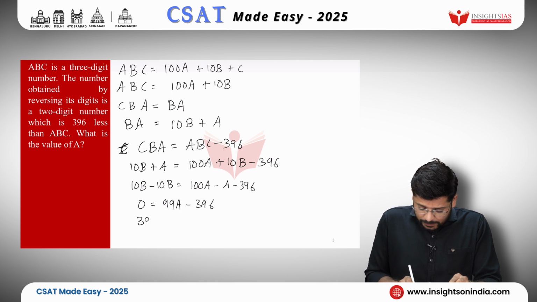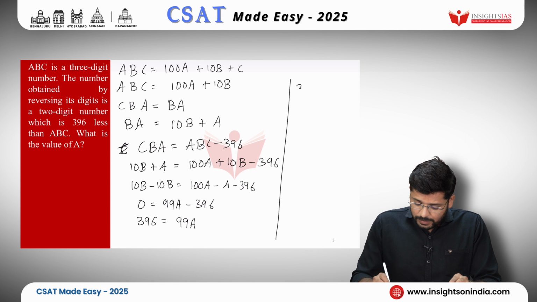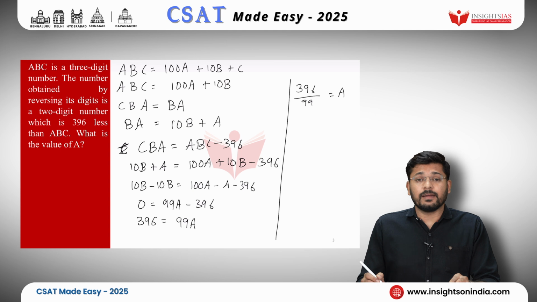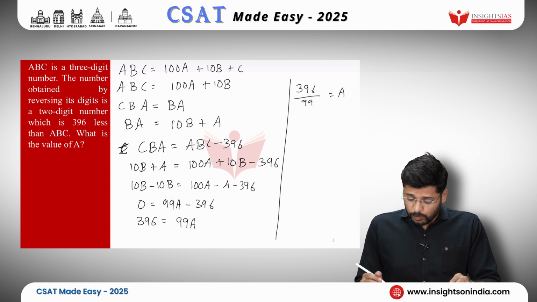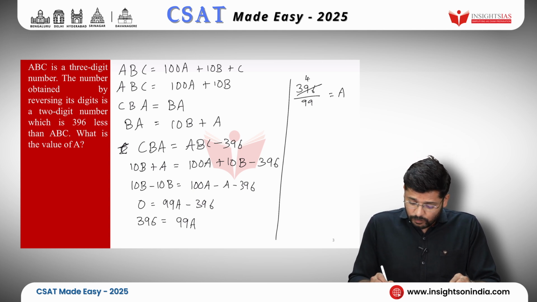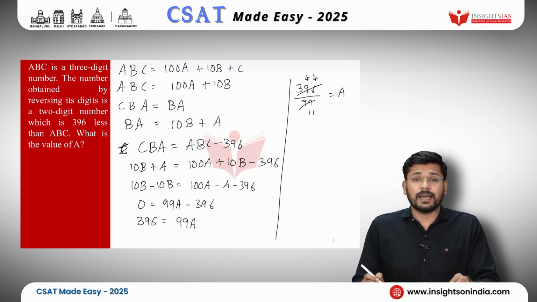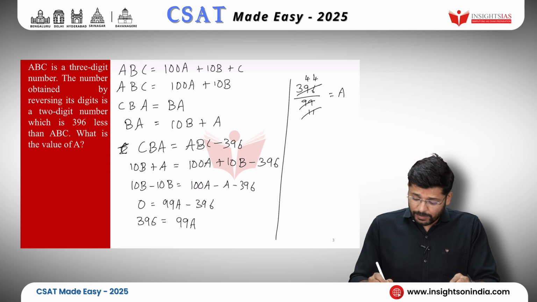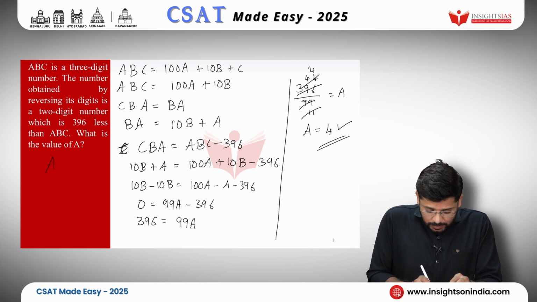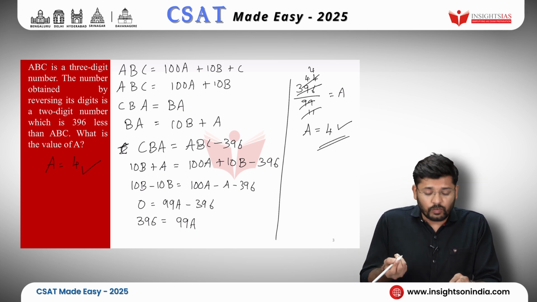So we shall send 396 to the left hand side. 396 is equal to 99A, and 396 divided by 99 is equal to A. Both of them happen to be divisible by 9. So 9 4s are 36, 9 11s are 99. Now 44 is divisible by 11, 11 4s are 44. So the value of A came to be 4. So what is your answer? The answer is A is equal to 4.